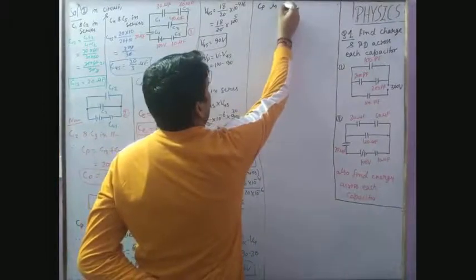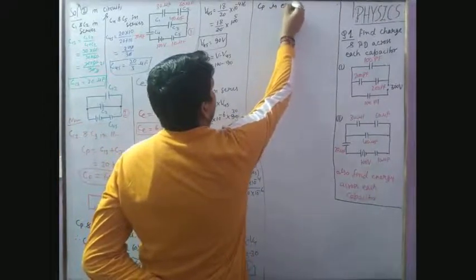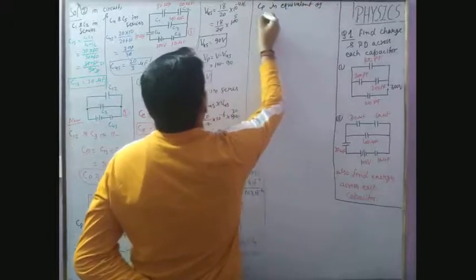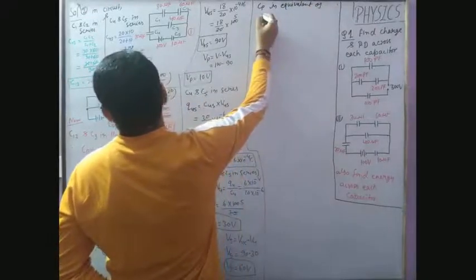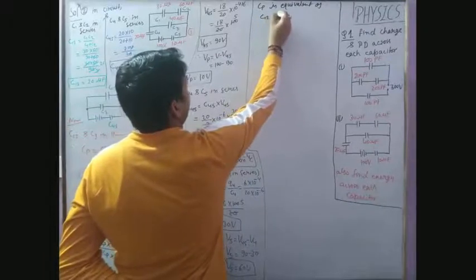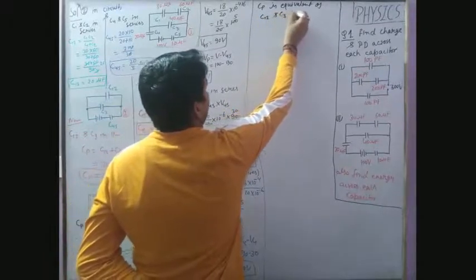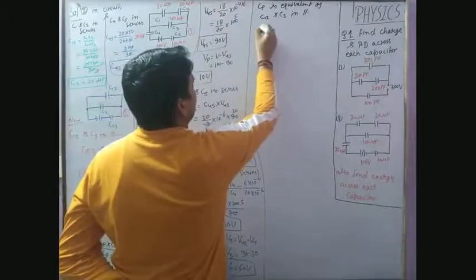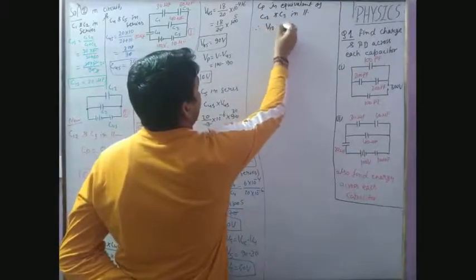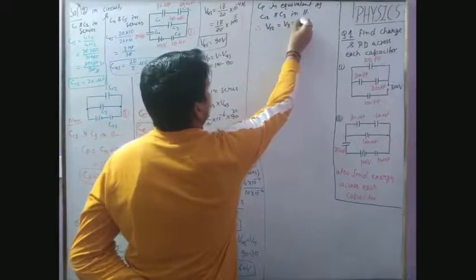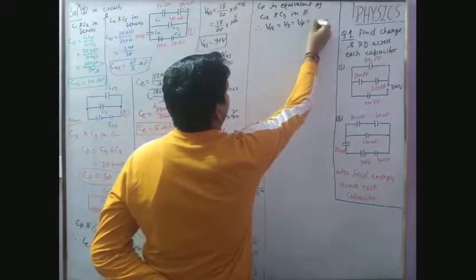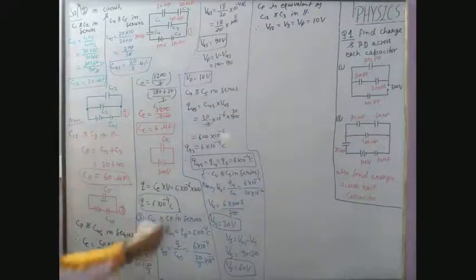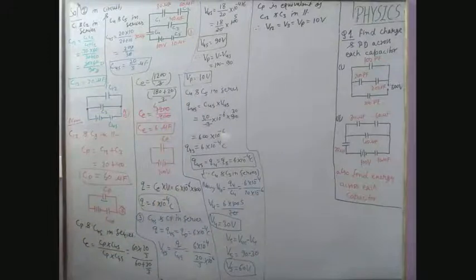CP is combination of equivalent of C12 and C3 in parallel combination. Okay, therefore V12 equal to V3 equal to Vp equal to 10 volt. As we calculate here, the value of Vp is 10.